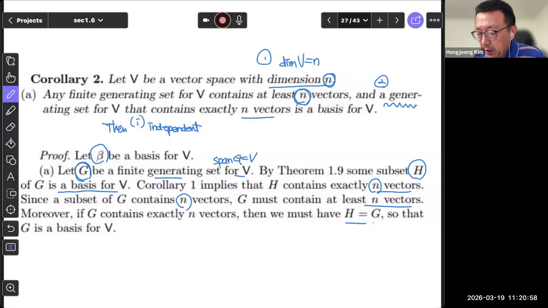That's the first claim, so that the set will be a basis. So this independency of the vectors can be replaced by this condition. If I know that the dimension of the space is n, and if I can find n vectors which generate the whole space, then you don't have to check the independency. The set will be always linearly independent, so that it will become a basis.